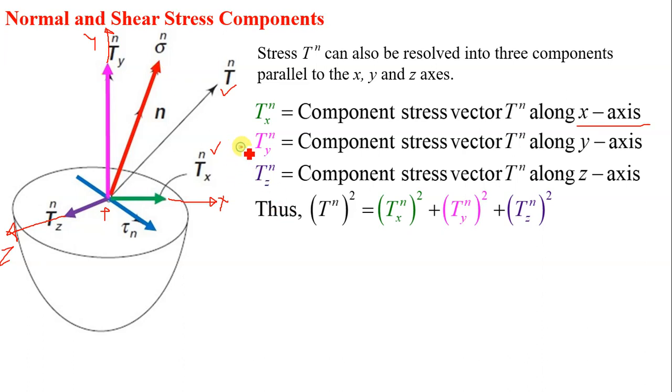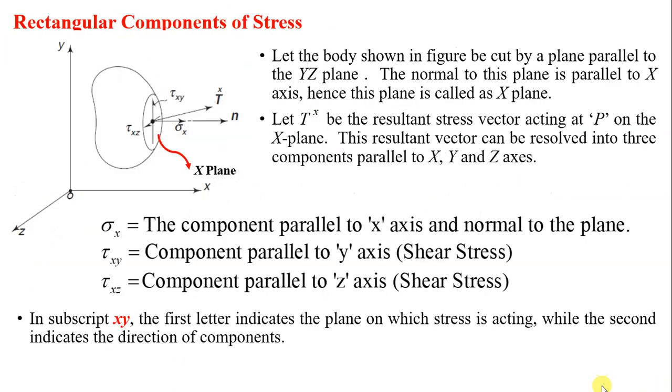Similarly, Tyn is component of stress vector Tn along y axis, and Tzn is component of stress vector Tn along the z axis. And again, using the same concept, we can write Tn square is equal to Txn square plus Tyn square plus Tzn square.